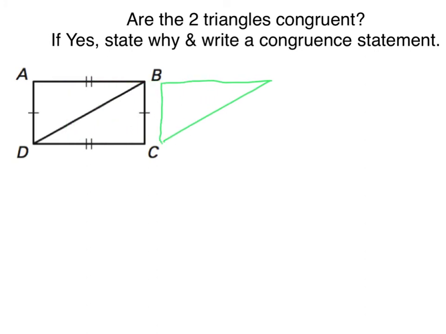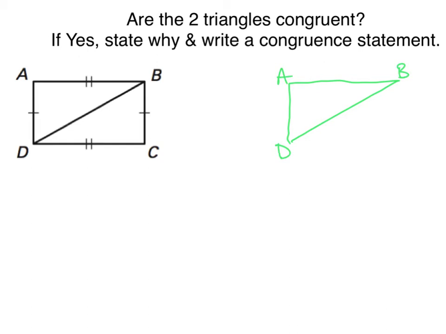If I brought it over here, I could say that is triangle ABD. And then if I trace the other triangle, it would be this one right here. If I brought that triangle down, that's triangle DBC. And we can mark them. This is congruent there. This one is congruent.